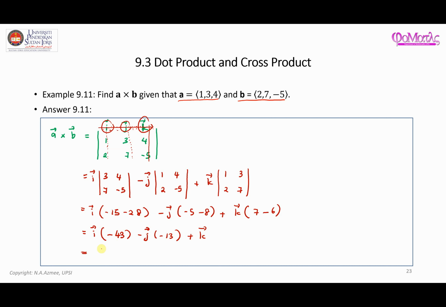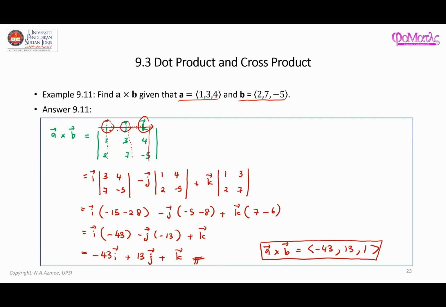So this can be simplified as negative 43 vector I plus 13 J plus vector K. So this is the answer, and if you want, you can also represent the answer in terms of negative 43, 13 and 1. Okay, so this is another way of representing your answer.